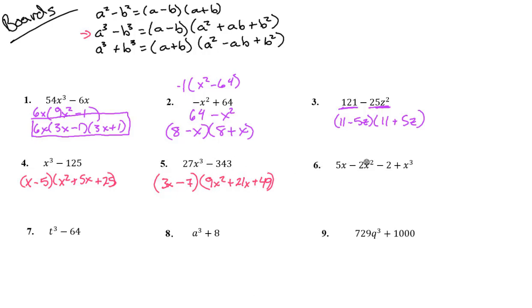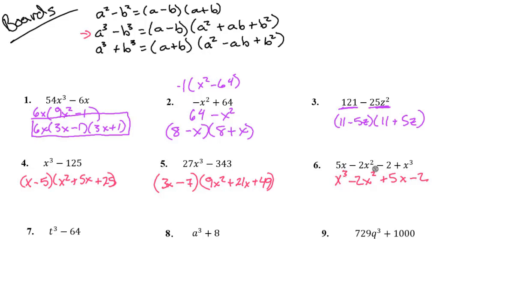Good. Ooh, what is this one? This one has 4 terms. I wonder what we're doing with this guy. So with this, we've got 4 terms, and let's write it in descending order, as that will make it easier to see what's going on: x cubed minus 2x squared plus 5x minus 2. All righty.